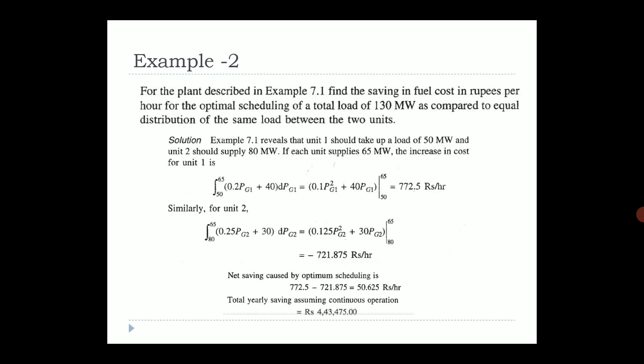Okay, so you can see the total yearly saving would be around 4,43,475 rupees. Do not go by these numbers. These numbers are not at all exact, but they give you a general idea of how the thing is done.